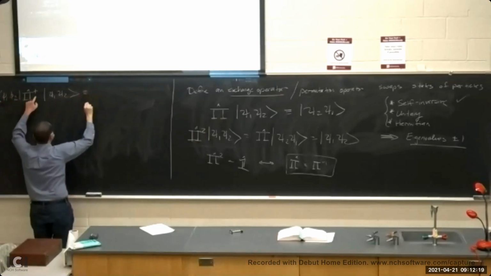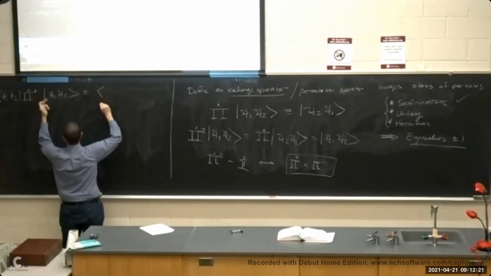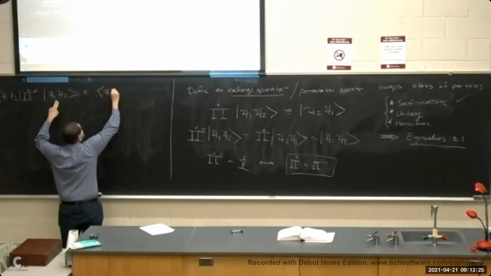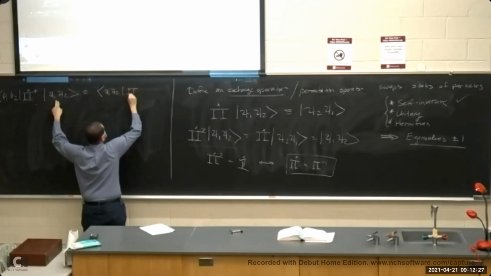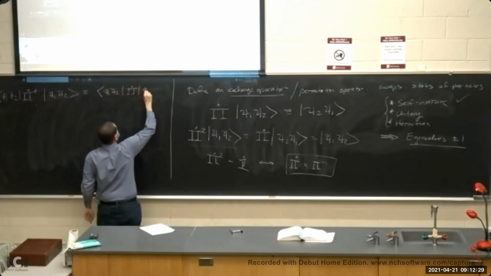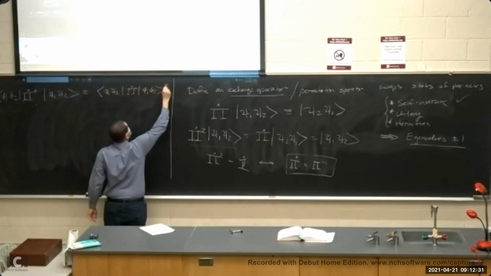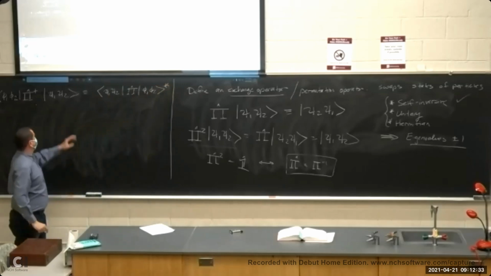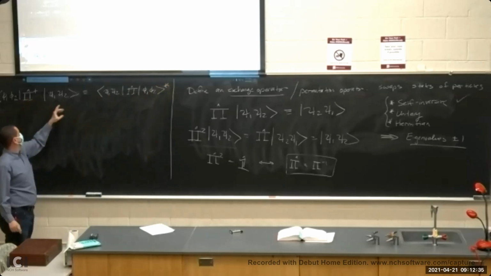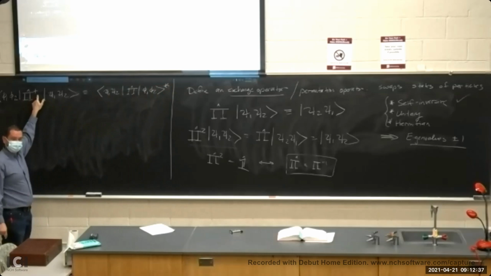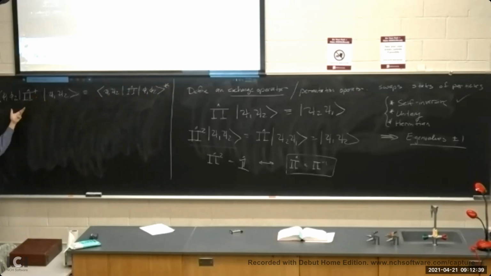The definition of adjoint means that it's the complex conjugate of the matrix element swapped the other way around: phi 1, phi 2, projection operator, psi 1, psi 2, complex conjugate. That has nothing specific to do with this operator. This is the definition of what adjoint means in the first place. It is the conjugate transpose of the matrix.